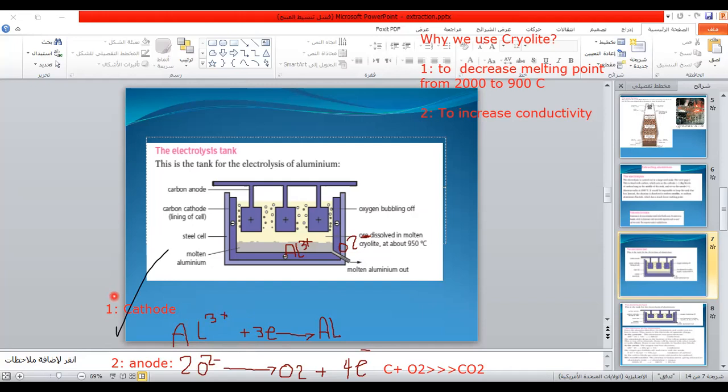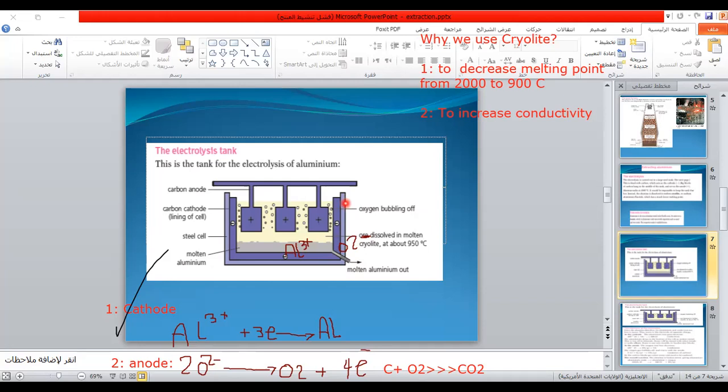Yes. And at the anode, what will happen? Oxygen will lose 4 electrons and form O2. And here there is oxygen gas beside carbon, so they react together to form CO2.